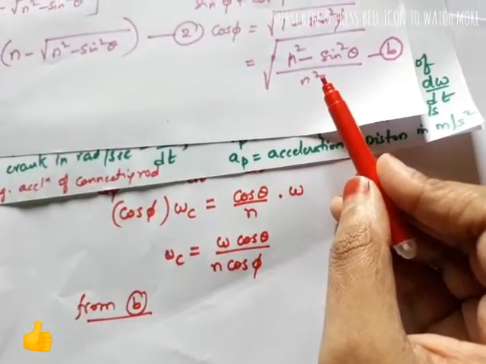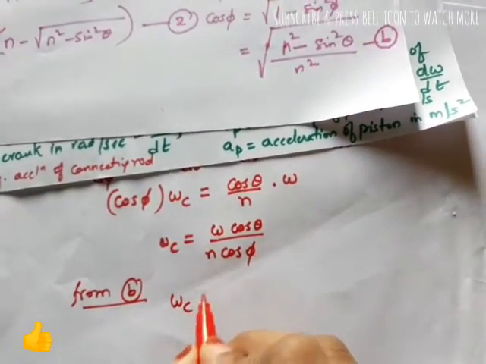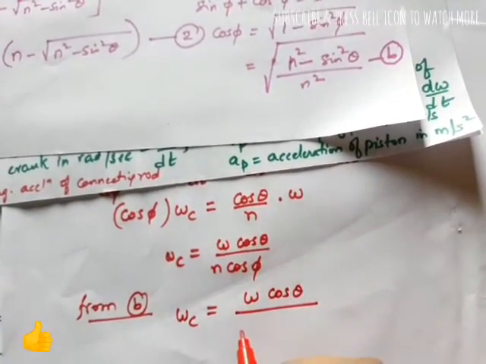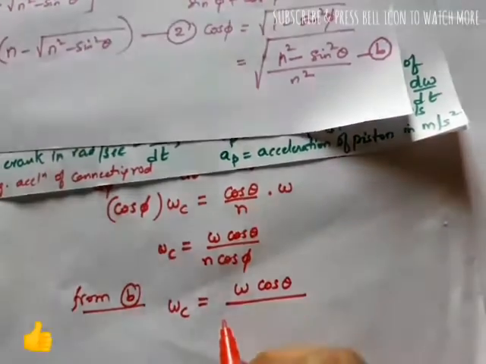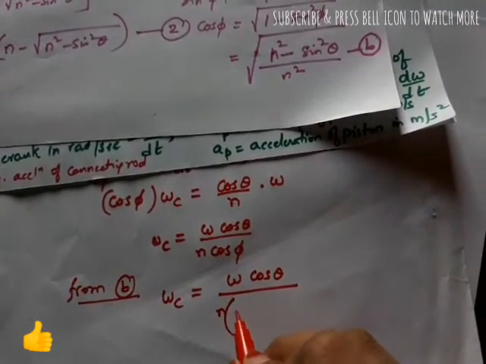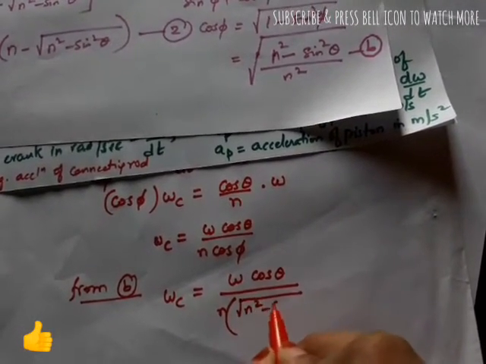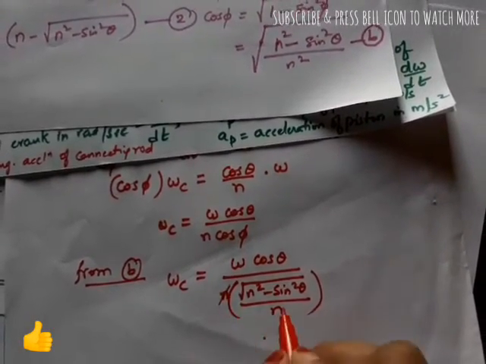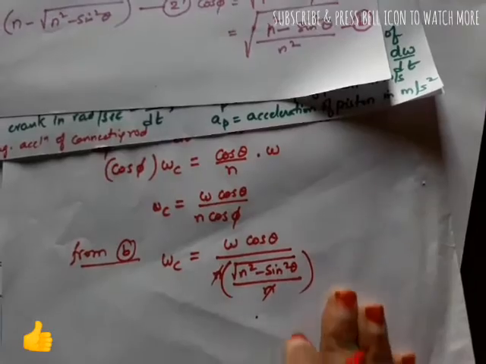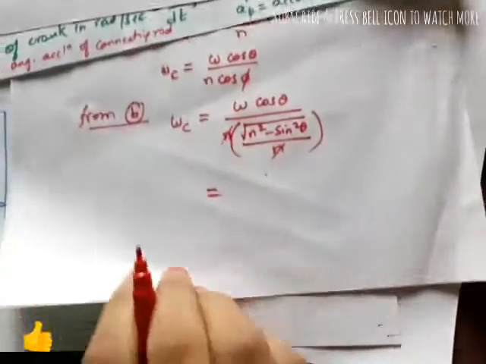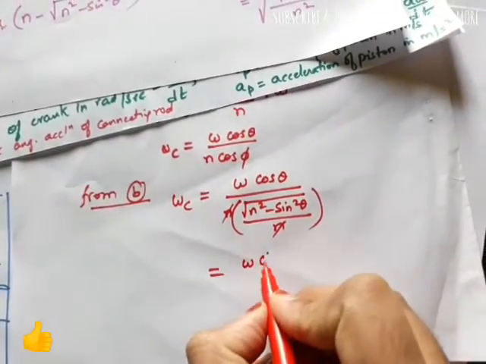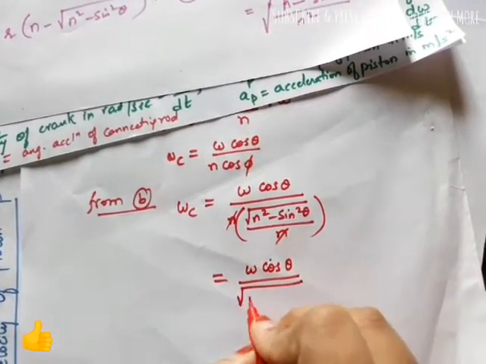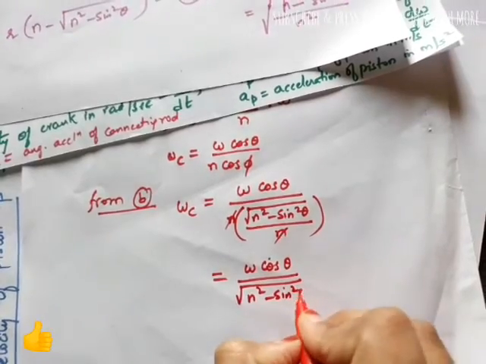We get omega c is equal to omega cos theta by n into root over n square minus sin square theta by n. This n and n get cancelled, so I will be remaining with omega cos theta by root of n square minus sin square theta.